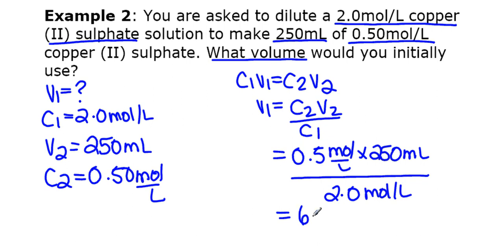You should get 62.5 milliliters. But remember significant digits. When we take a look at all of our numbers here, they're all 2 significant digits. So this means approximately 63 milliliters.